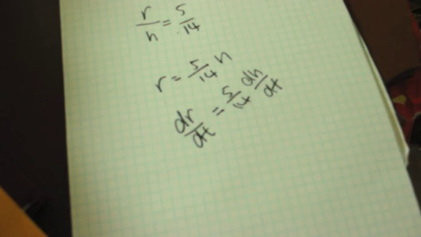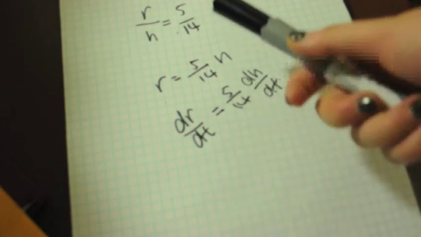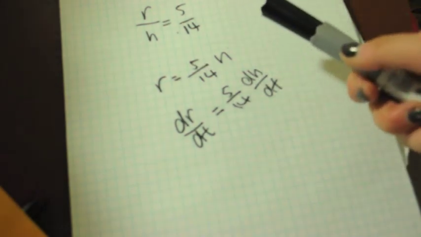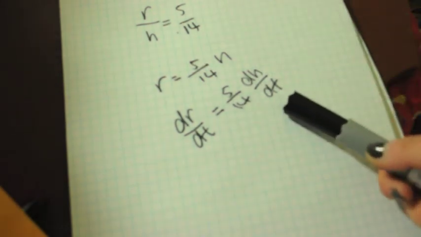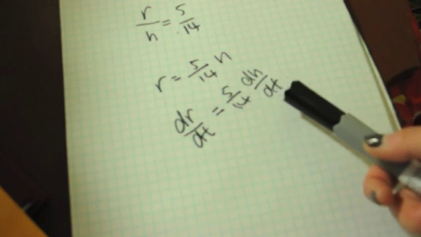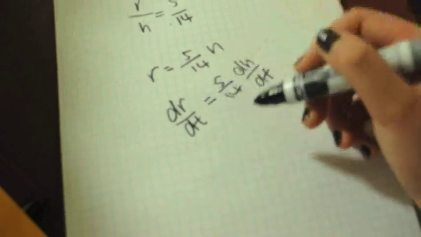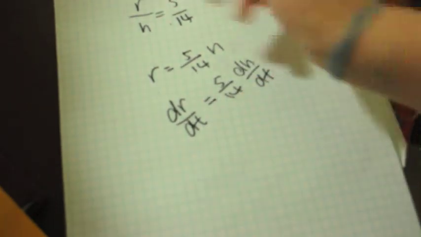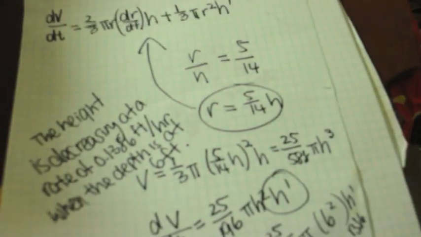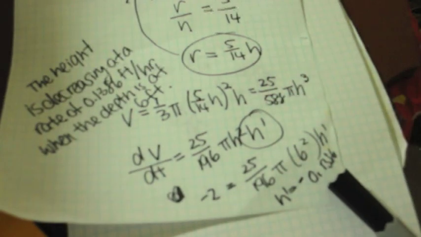And so, we can see that if we take the relationship that relates r and h that we used in the first part and differentiate, we would get a relationship between dr and dh. So then we could just use the results from the first part to get what dr/dt is. From the first part, you already know that dh/dt is negative 0.1386.